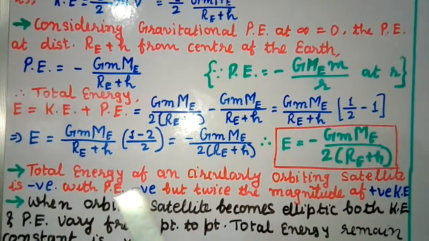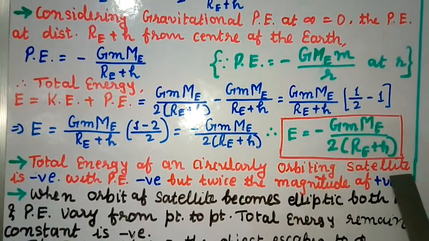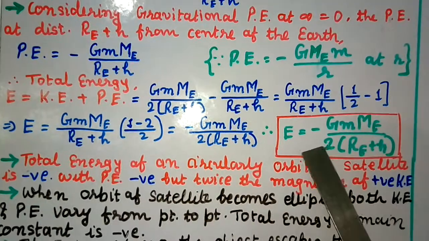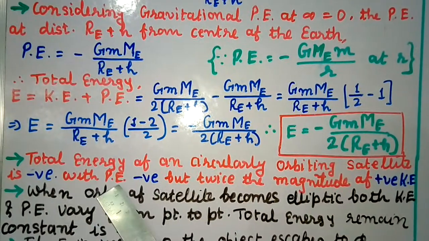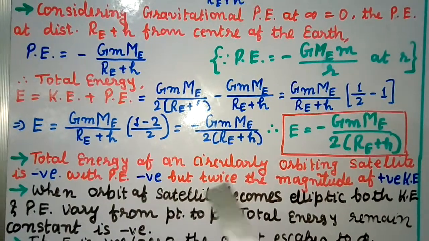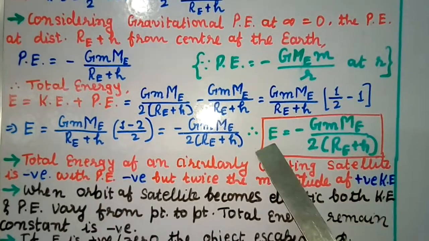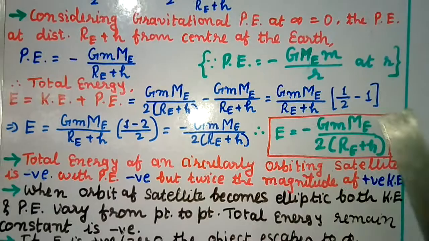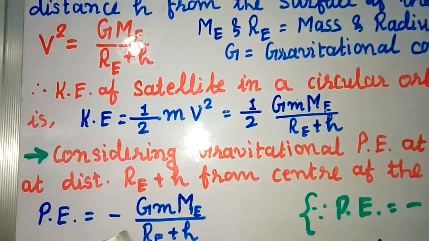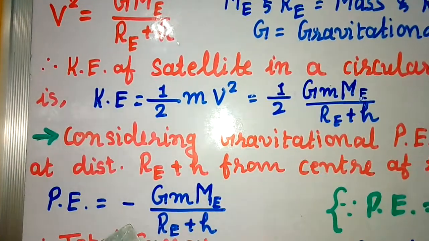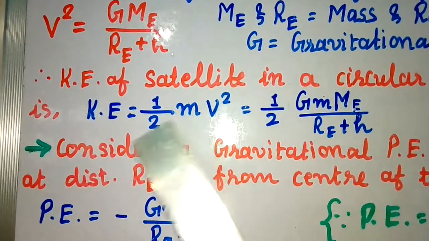That means the total energy of a circular orbiting satellite is negative. You can see this is a negative value, with potential energy negative but twice the magnitude of the positive kinetic energy.